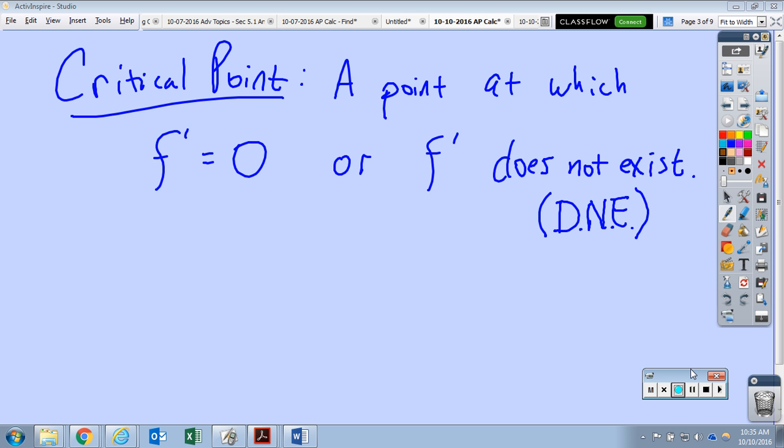A critical point is a point at which f prime equals 0 or f prime does not exist. And moving forward, I'll just use DNE for does not exist. So critical points, one more time: where f prime equals 0 or f prime doesn't exist.